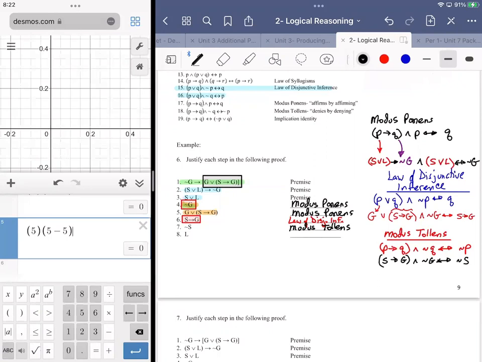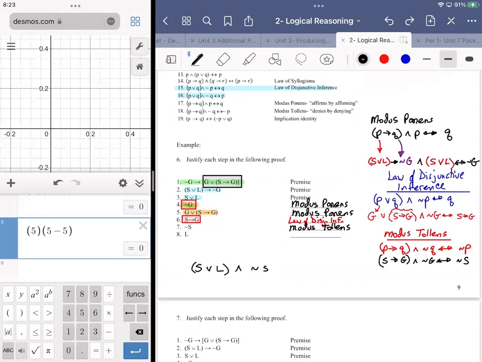Then we have the one premise that we haven't really done much with yet, the third premise, S or L. That's another law of disjunctive inference, because we have S or L, and then we also have a not S. That follows the same mold as the law of disjunctive inference, like saying I'm wearing a red shirt or blue shorts.